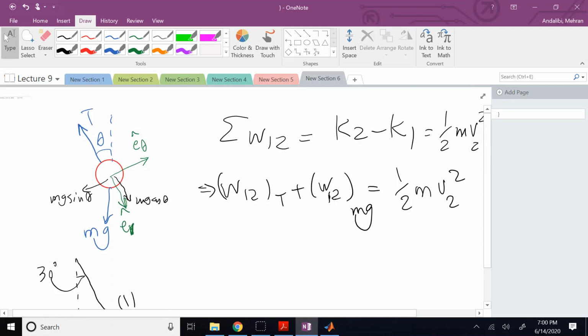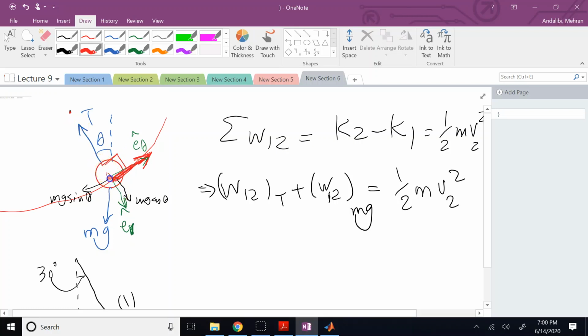So you know tension is always in the radial direction. And the motion of this pendulum, as we know, is happening in a circular arc, right? And we know the tangent direction here, which is the direction of motion, is the same as E theta, correct? This is 90 degrees.